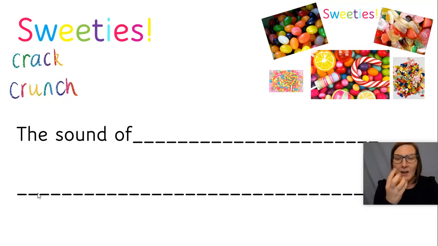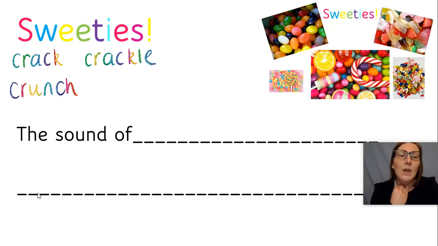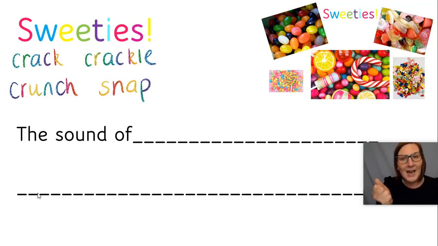So as you crunch down, like, you know, if you're eating a lollipop or a hard-boiled sweet, you get a crunch sound then, don't you? And then you might hear a crackle sound. Have you ever had that popping candy that you put in your mouth and it pops and crackles in your mouth? Sometimes you might get that too. And then I thought you might get a snap, because sometimes some sweeties do snap in half, don't they?